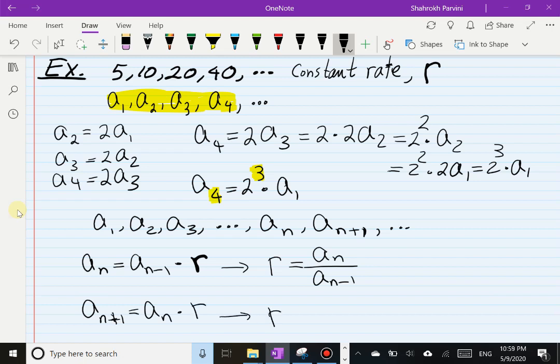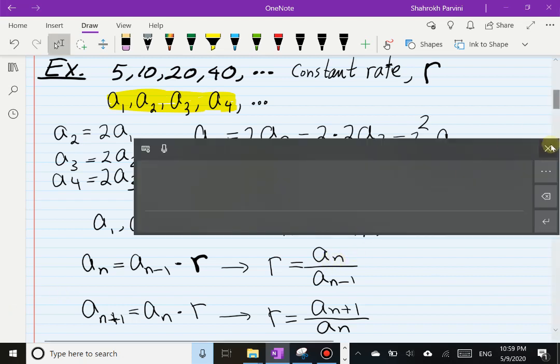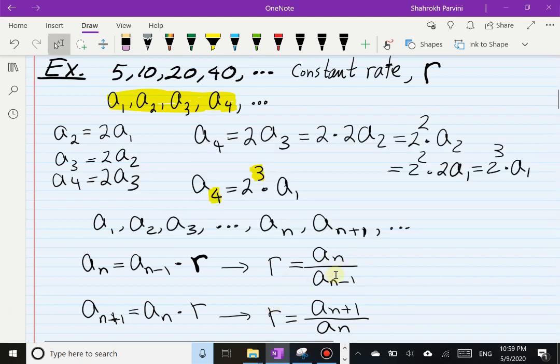And from this I get r is equal to a sub n plus 1 over a sub n. Same constant rate. Now notice that the ratio of the nth term to the n minus 1 term, the term before. Where's n minus 1 here? That's actually over here.